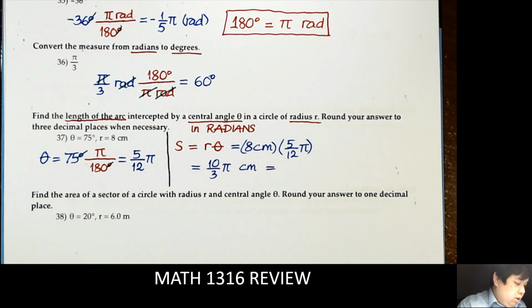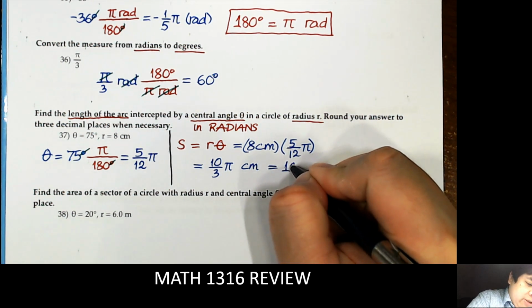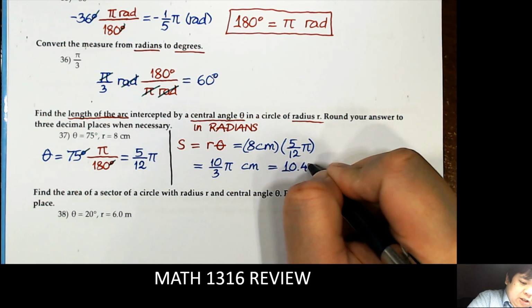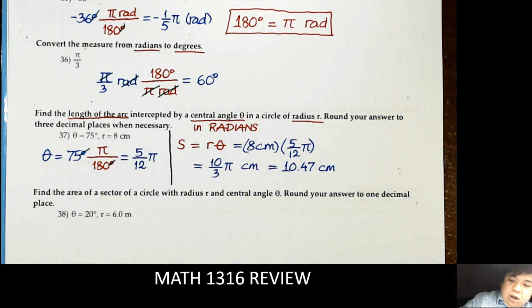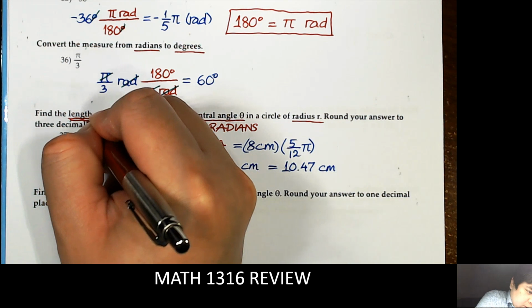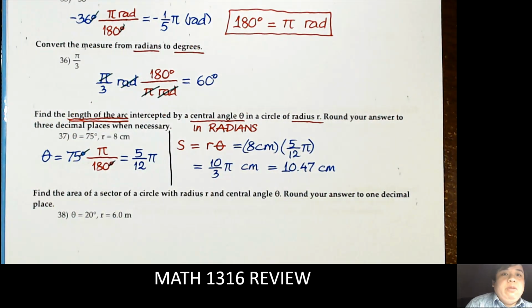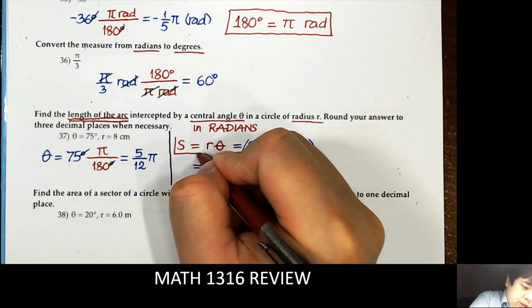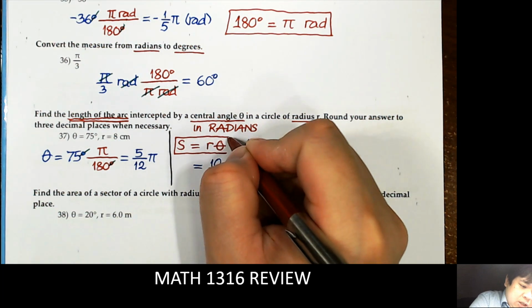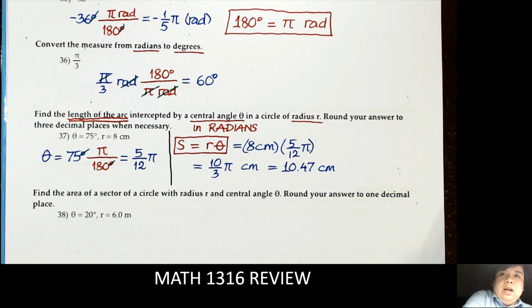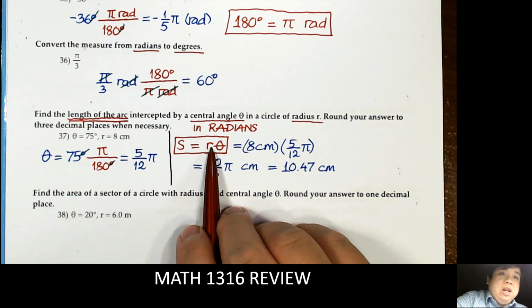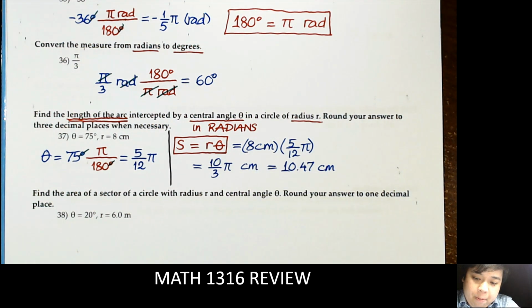If we want to estimate 10 over 3 times pi, we have about 10.47 centimeters. So the length of an arc is equal to the radius times the central angle, and the central angle must be in radians. So that's all.